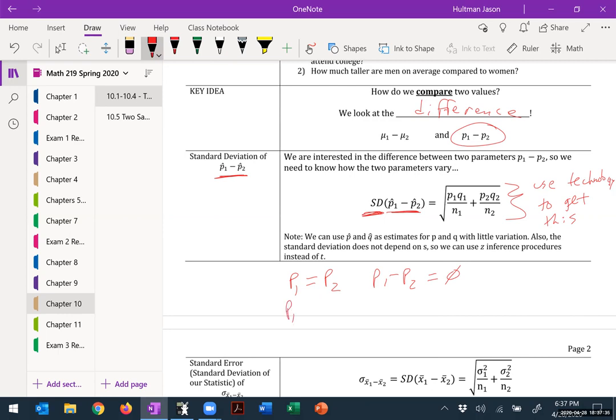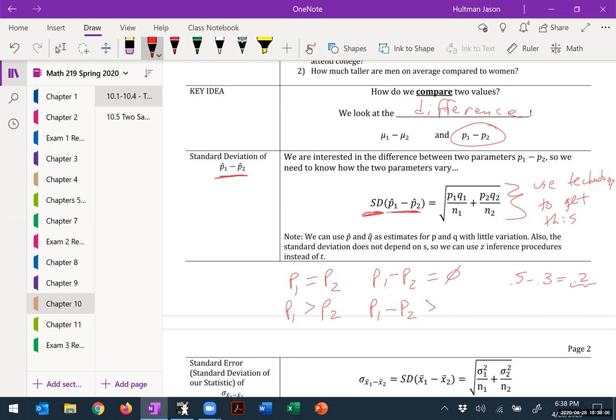What if P1 happened to be bigger than P2? Say P1 is 0.5 and P2 is 0.3. What happens when I subtract them? A big number minus a small number is a positive number. This is where we care about the sign.